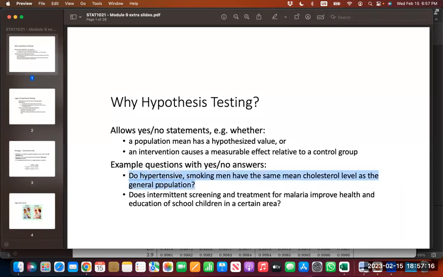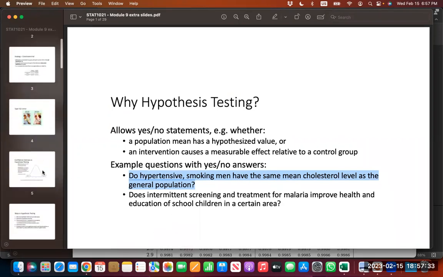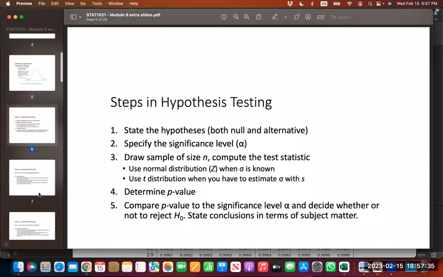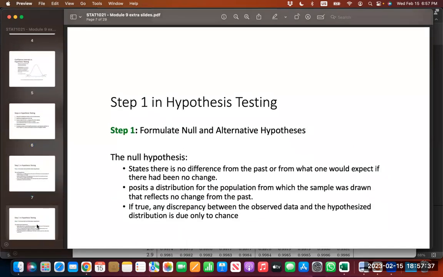We want to quantify now if hypertensive smoking men in the US have a different cholesterol level as compared to the general population in the US. The cholesterol level in the US is on average 211 milligrams per deciliter.